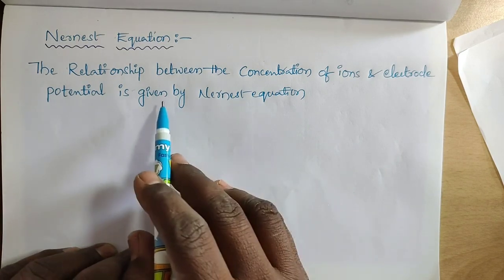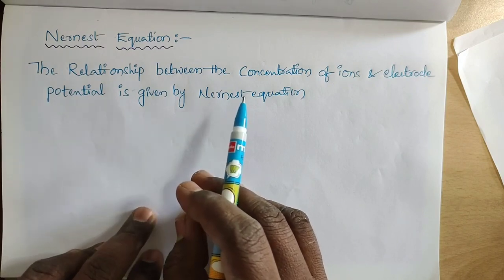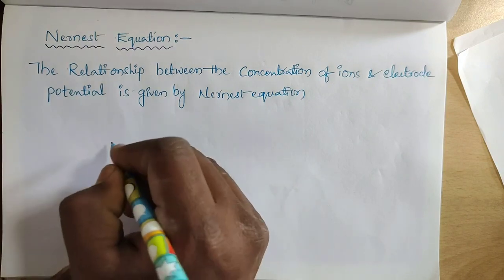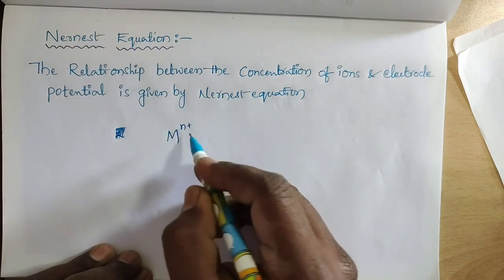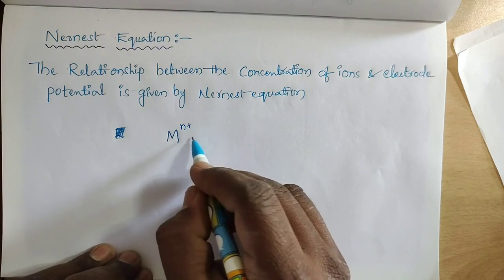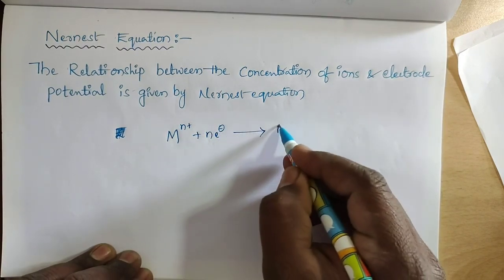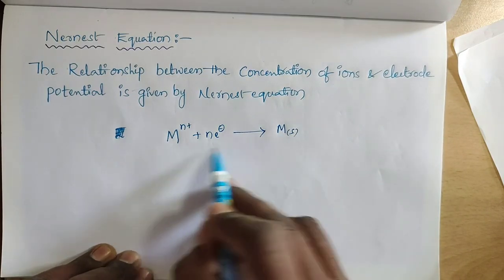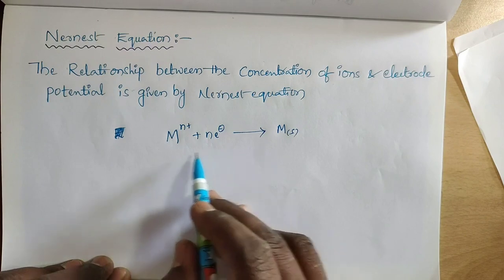What is the meaning of that? The electrode potential at any concentration with respect to the standard hydrogen electrode can be represented using M n plus, where n is the oxidation state. M n plus, by gain of n electrons, gives M solid. So reduction takes place, so it is a reduction potential.